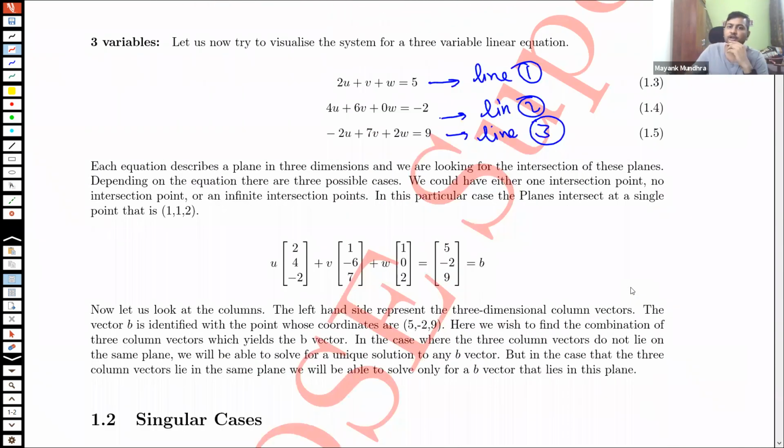Coming back to my 3-dimension thing, how do I write it in vector format? u times the first vector is (2, 4, -2), right? The second vector would be (1, 6, 7). Sorry, some error. Either there should be a negative here or there should be a positive here. Anyway, we'll come back to that.